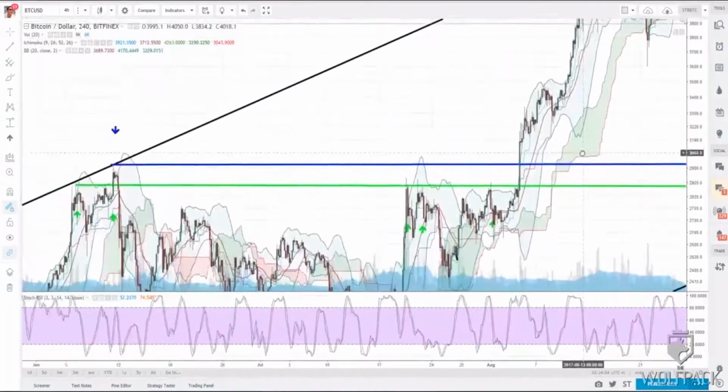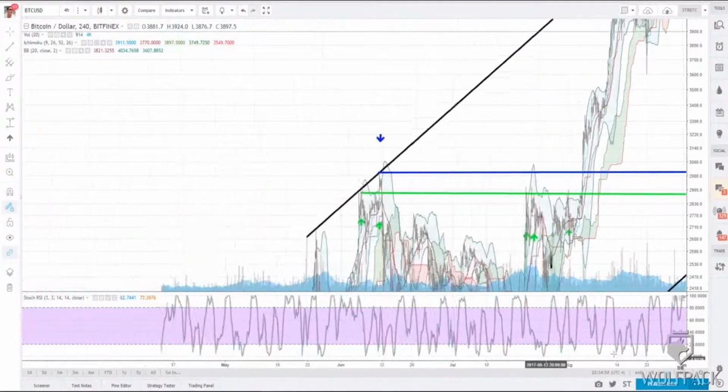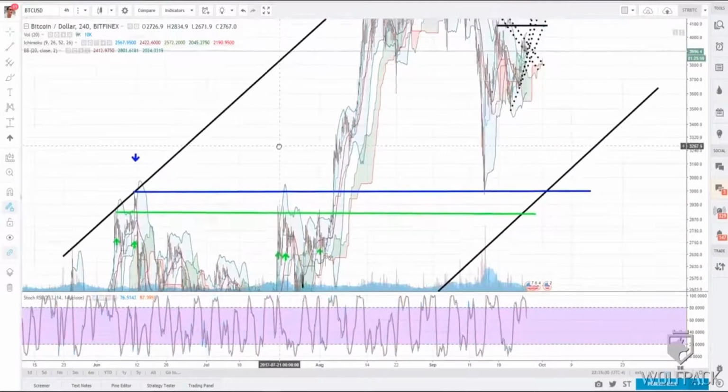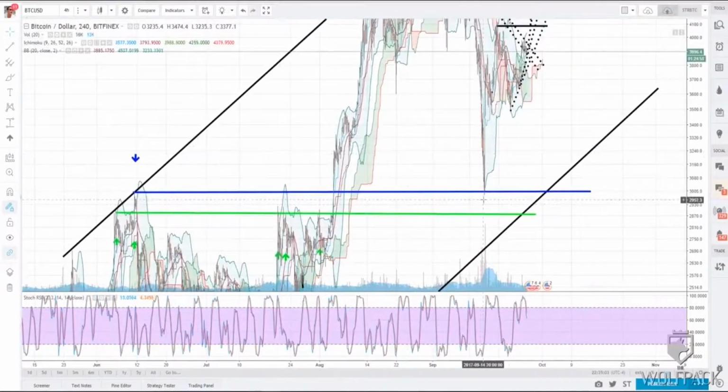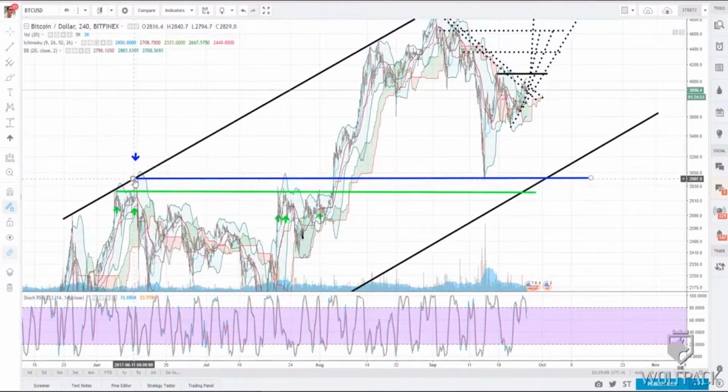This is another example of a ceiling that's used as a support. This is the 3K bounce that occurred recently. It was the previous all-time high, and before it was a ceiling. If you're under the price, but it broke out of it, it goes up parabolic.